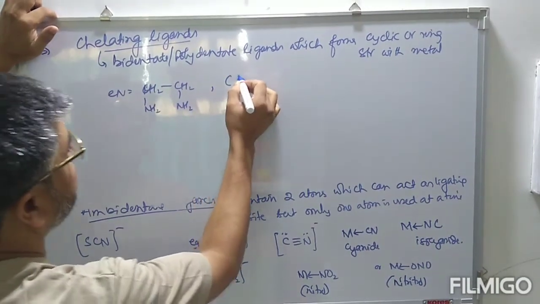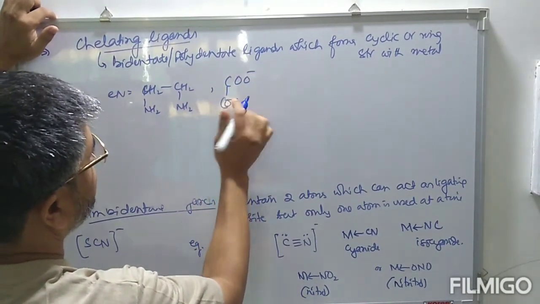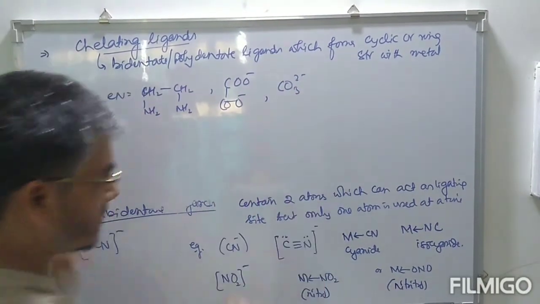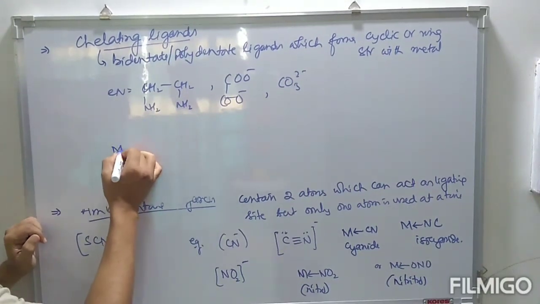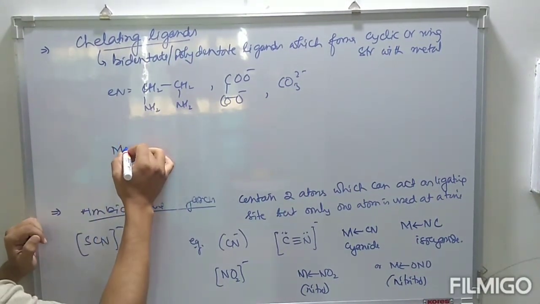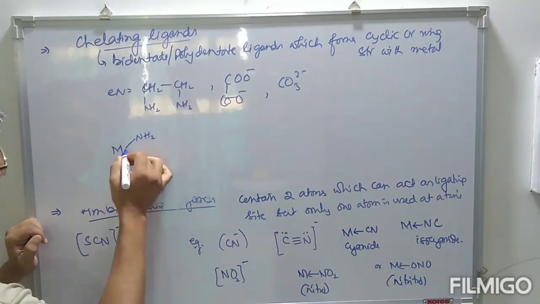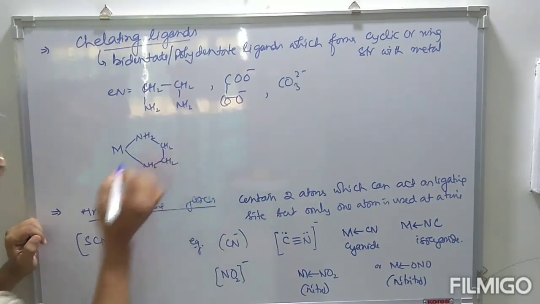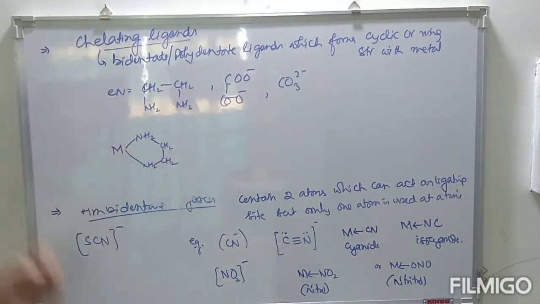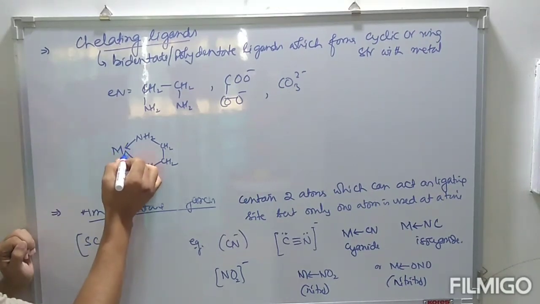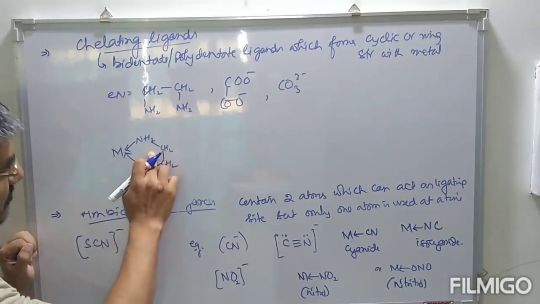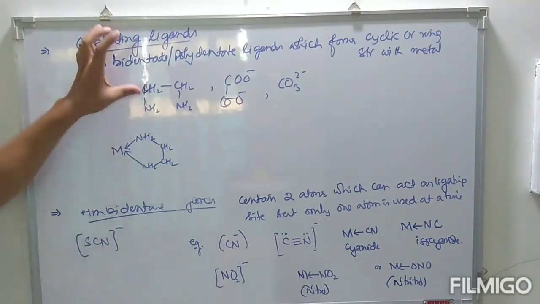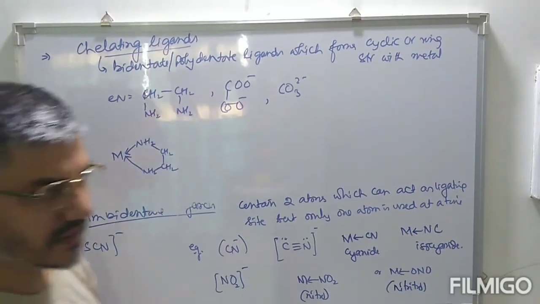We can have the oxalate ion, we can have the carbonate ion, etc. If you look at this, we have this metal. This metal forms bonds with this ethylenediamine. So the bond is forming through both nitrogens simultaneously. This results in the formation of a cyclic or ring structure. So these types of ligands are what we call chelating ligands.